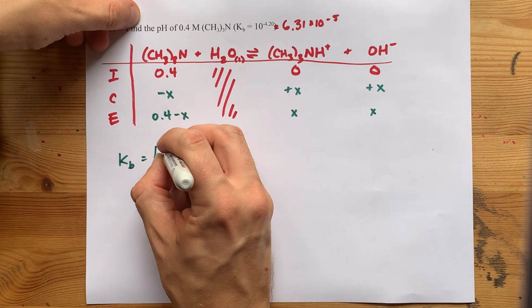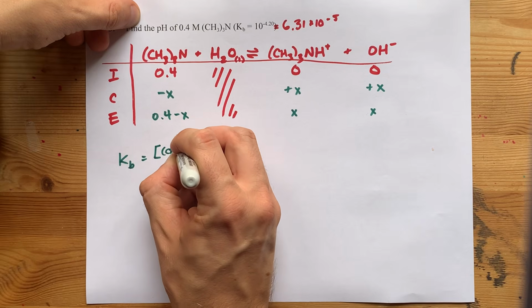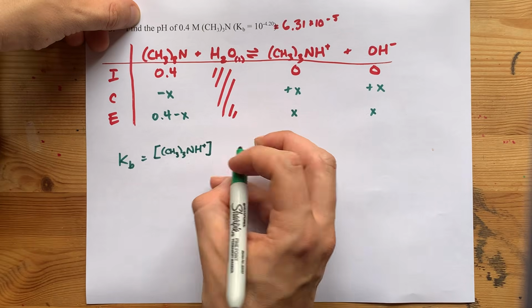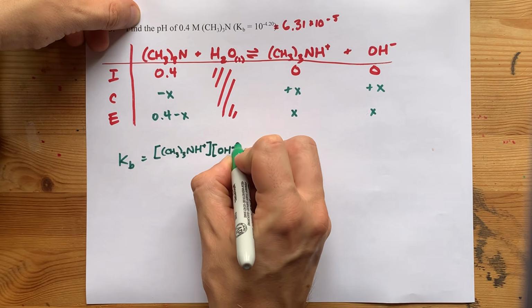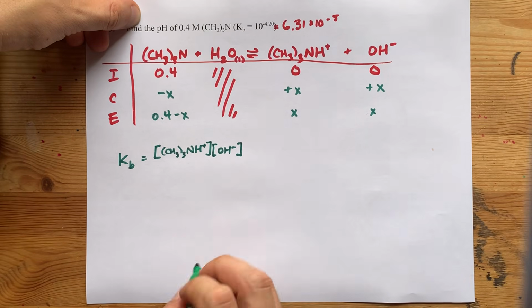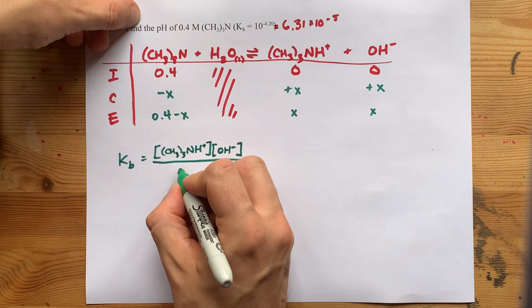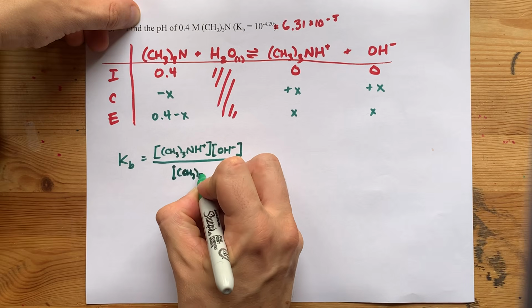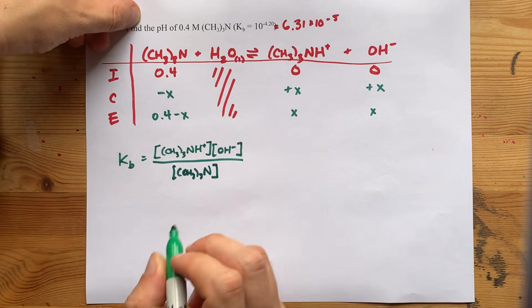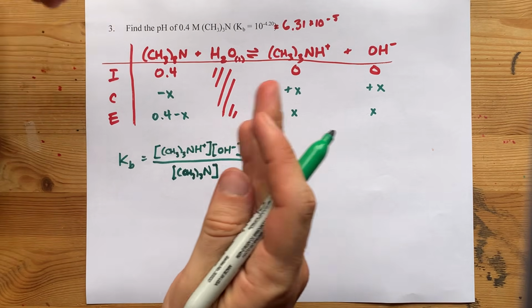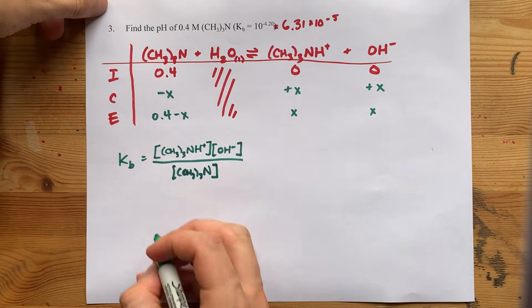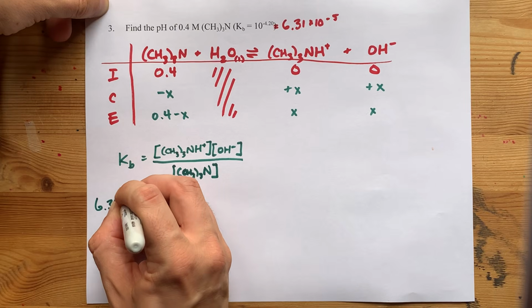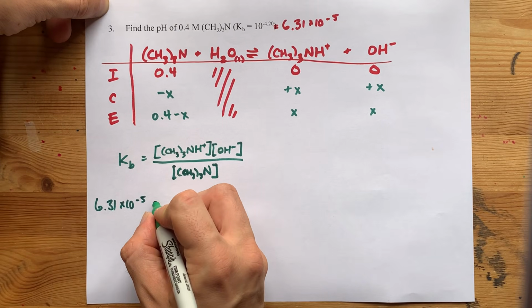What you have here is the concentration of (CH3)3NH+ along with OH−. Again, that's the one we care about, right? And on bottom, the concentration of (CH3)3N on its own. We're given all of these numbers. Kb was given to us, 6.31 times 10 to the negative 5.